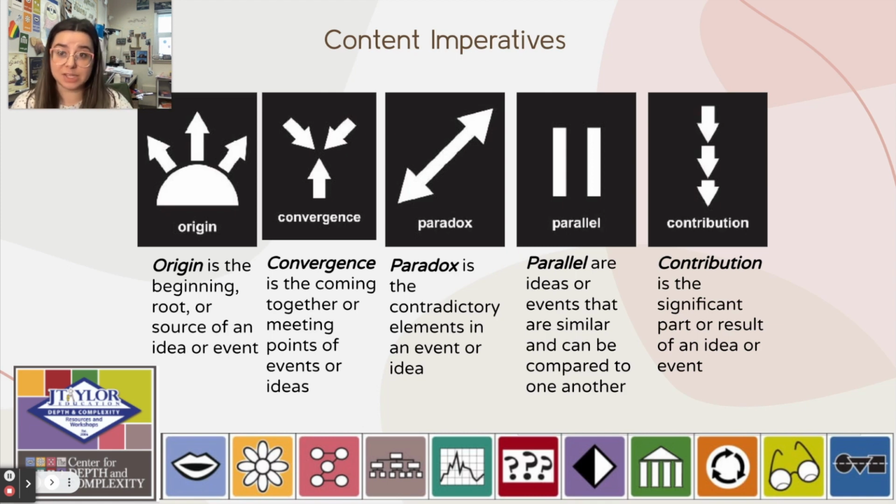Parallel, like we see parallels in history, we see parallel in math, parallel lines, and ideas or events that are similar. Like I can see the parallel between this book and this movie, or these two books have a parallel event. Contribution, the significant part or result of an idea or an event. So kind of think about like a chain reaction. What has led to this event? What contributed to this event?